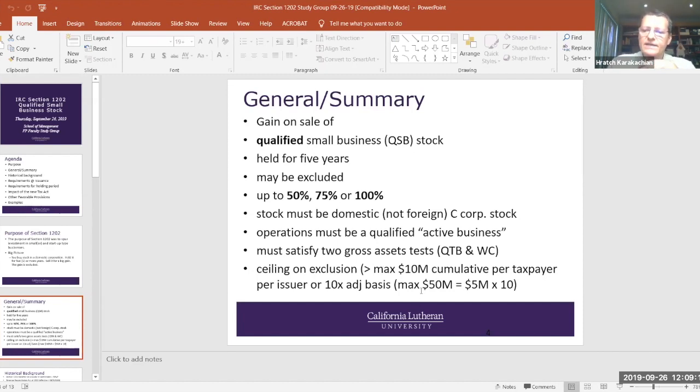So this is the cap. It's 10 million cumulative over the life of that investment in that enterprise, in that corporation. The greater of 10 million or 10 times the adjusted basis of the investment. And here I have a maximum of 50 million, which in very limited circumstances, I guess it is conceivable that somebody could get to that level, but for the most part, the lion's share of the investments and the limitation is going to be at that 10 million.